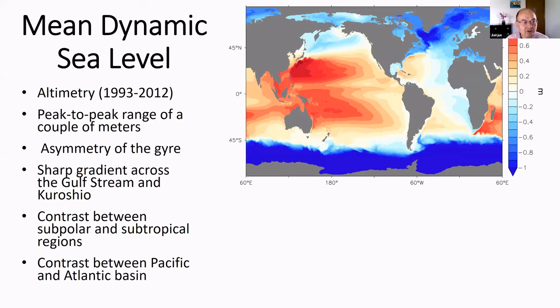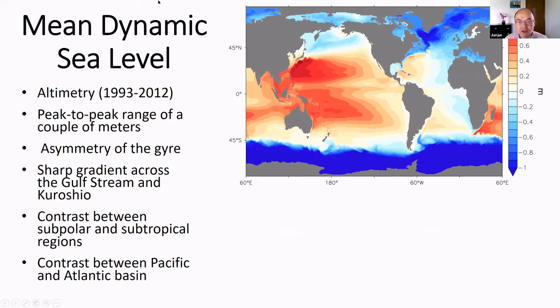Now let's look at the mean dynamic sea level observed by satellite. This is the 20-year average. You can see the complex pattern. The sea level is low in the high latitudes, and the sea level is high in the subtropical region.